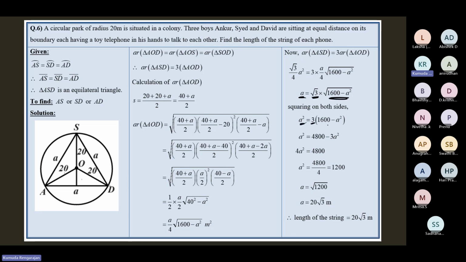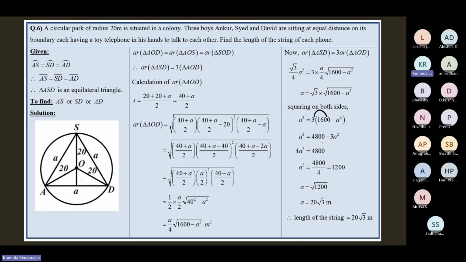When you square this, it becomes 1600 minus a square, meaning the square root is eliminated. So we have 3 into 1600 minus a square. Here, when you square, you get a square.